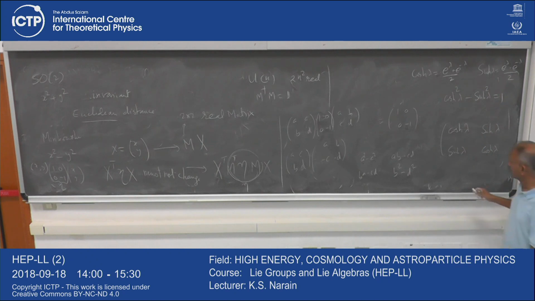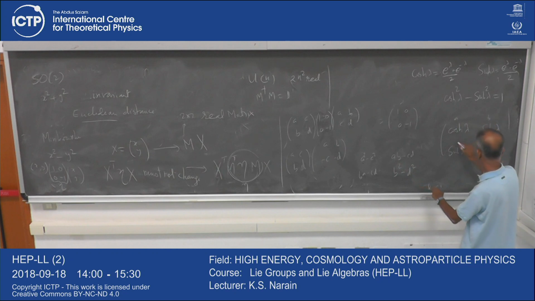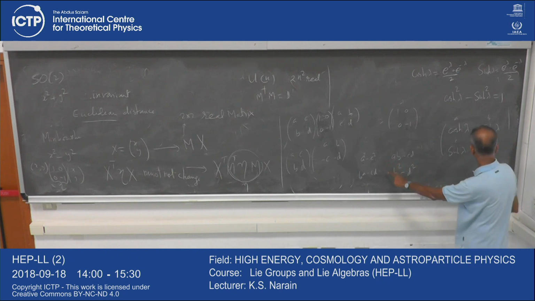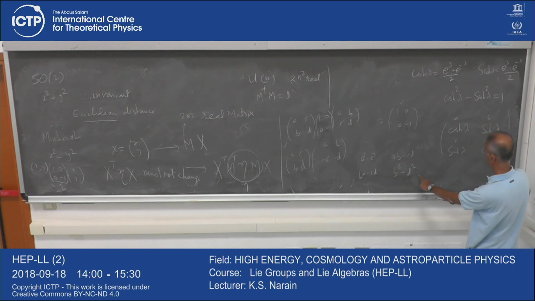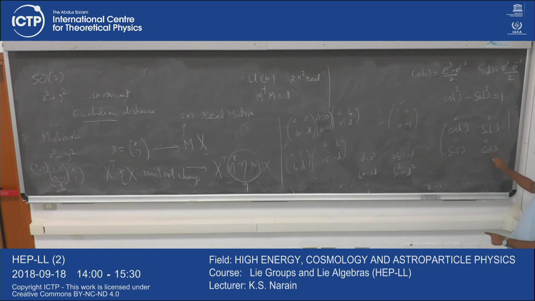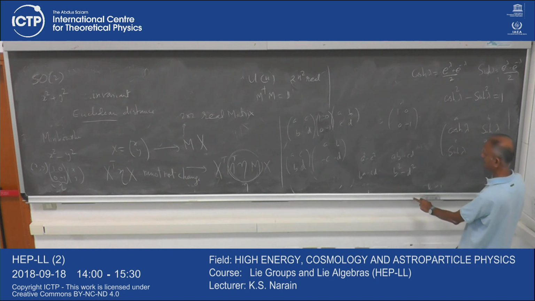So let's see. This is a, b, c, and d. I just want to check whether I've put consistent signs. a square minus c square is okay. b square minus d square is supposed to be minus 1, which is also cos hyperbolic square minus sine hyperbolic square. Then ab minus cd, that's also 0.